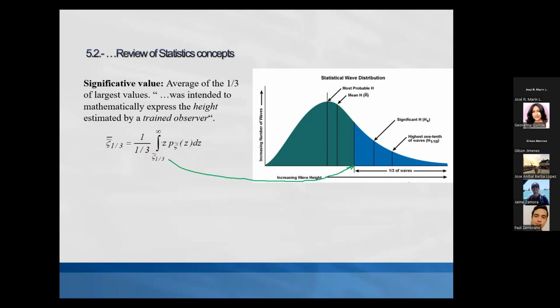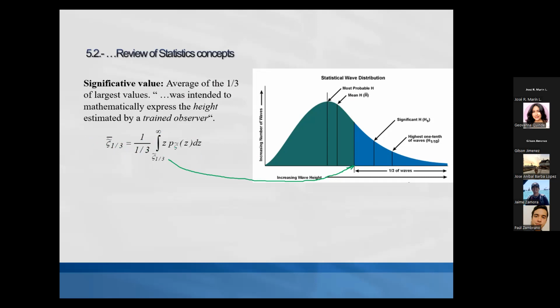The average is z times the probability density function times dz. Since this is the first moment, it is going to be the average multiplied by the area. But we are saying that this area is 1/3. So it should be 1/3 here. If we want the average of the 1/3 of the highest, we take the 1/3 and put it to the right-hand side. And this is the formula that we have.